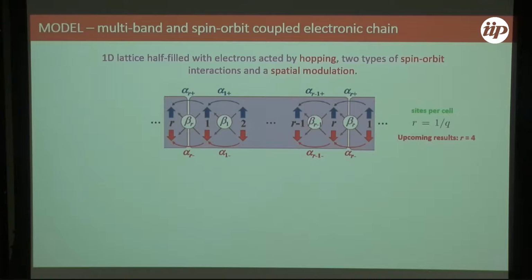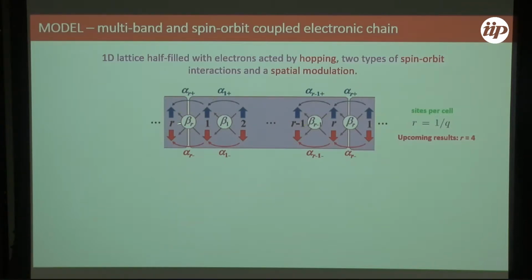Okay. But now let's go back to our previous model without electron-electron interactions, without superconductivity, the most simple Hamiltonian that we have seen before. You can understand this kind of system as a chain. Here you see one of the unit cells.